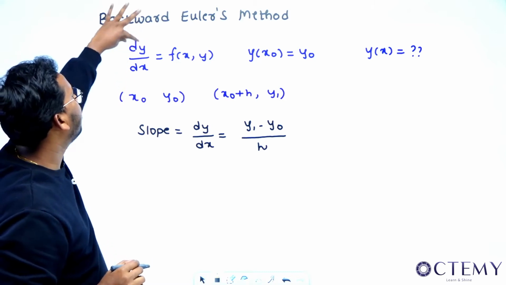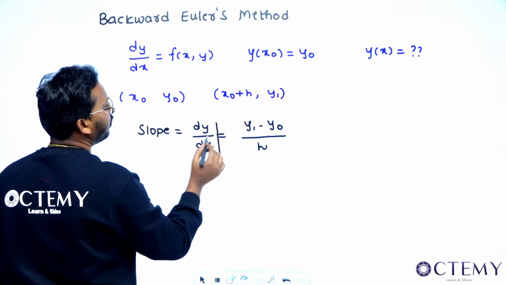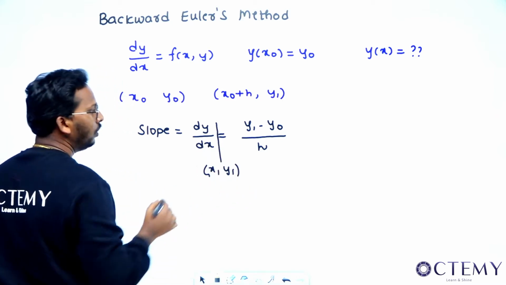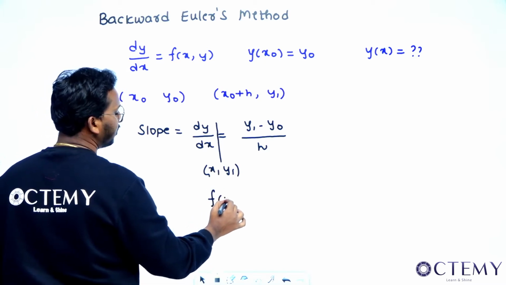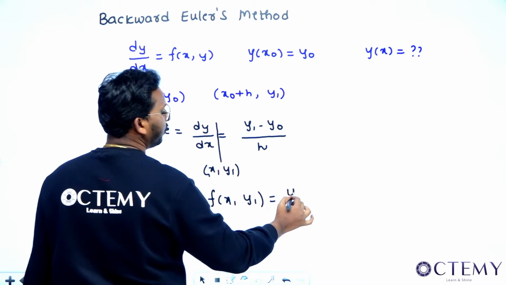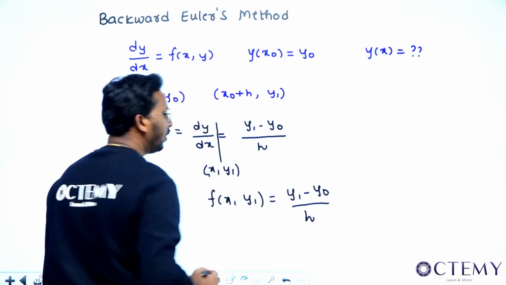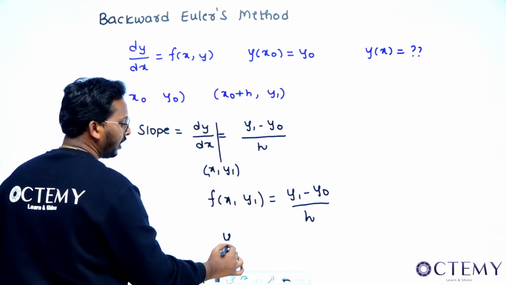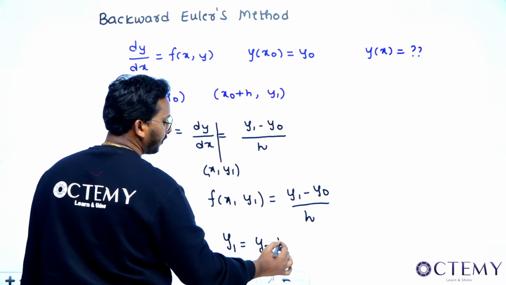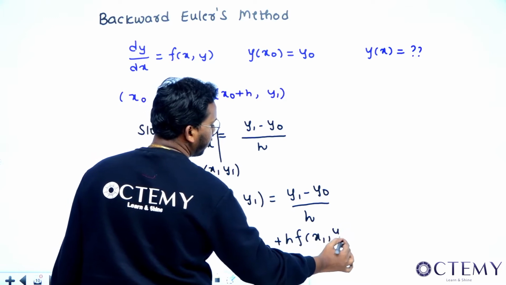But what is given in the question, sir? In the question they have given the slope we are trying to find, where say I am finding the slope at x1 y1. So can I write this as f of x1 comma y1 is equal to y1 minus y0 divided by h. So from here you will find y1 is equal to y0 plus h times f of x1 y1.